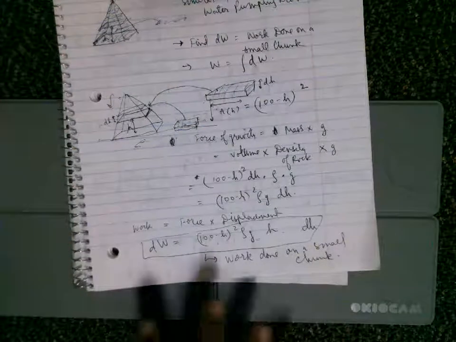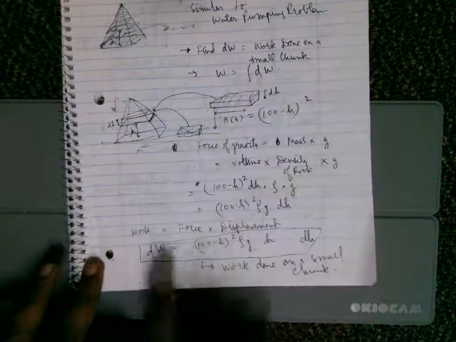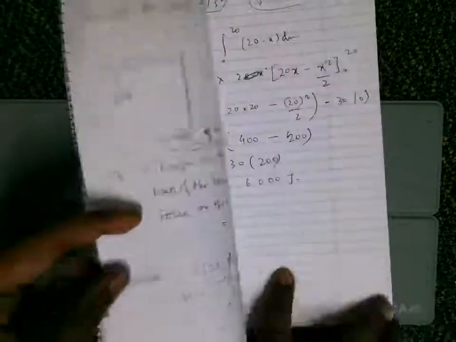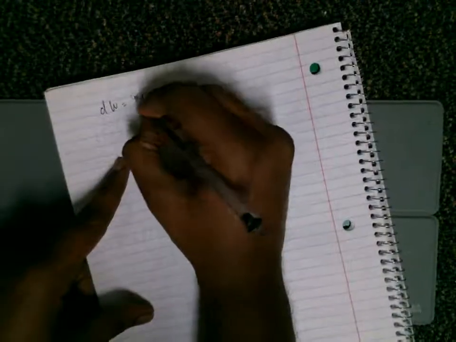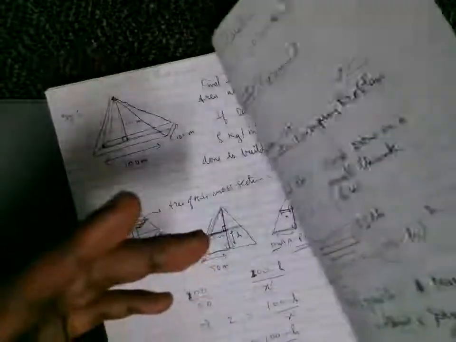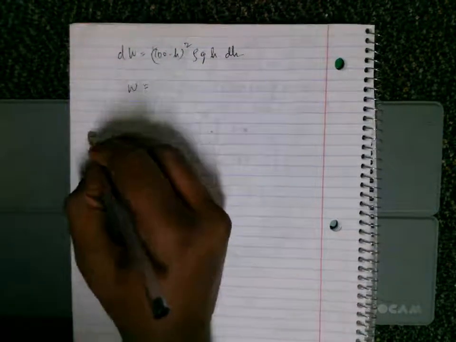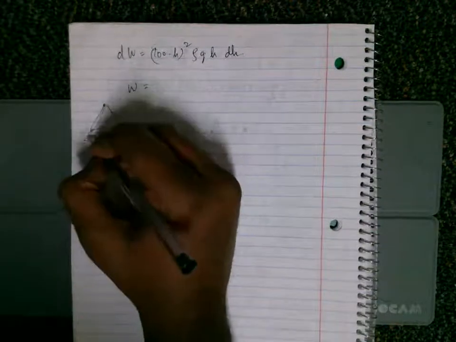So now you want to find the total work done by integrating dw, right? dw is equal to (100 minus h) whole squared rho g h dh. I'm going to draw this pyramid once again and, hopefully, for the last time.